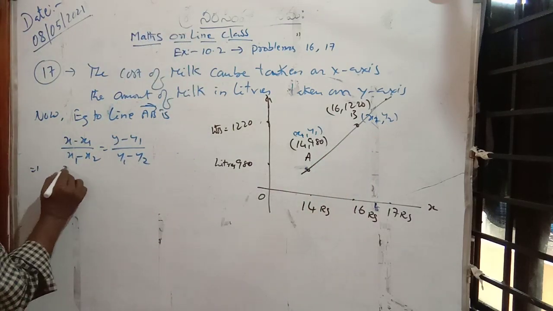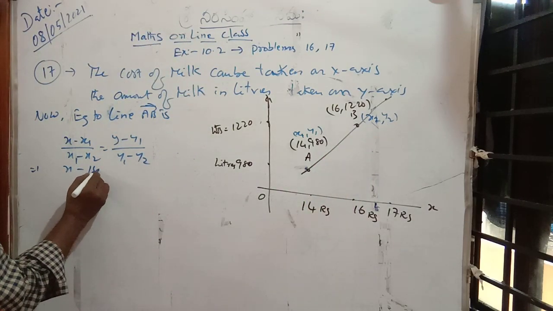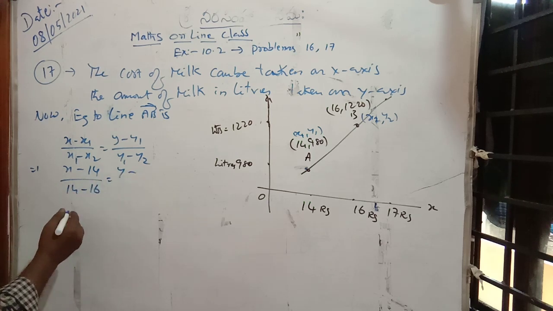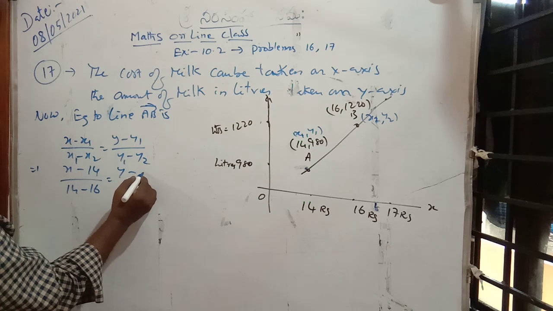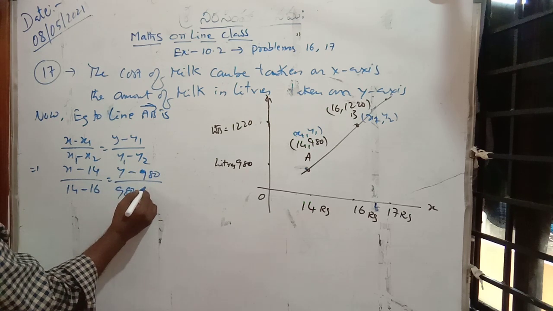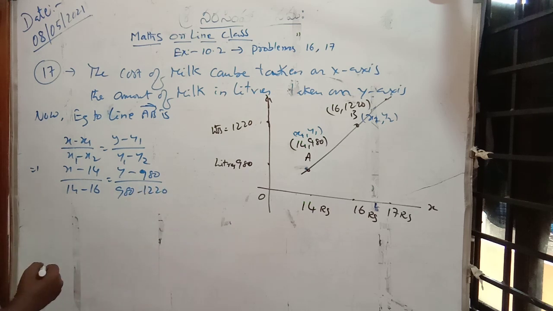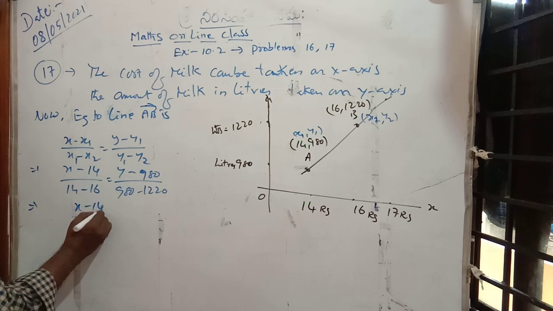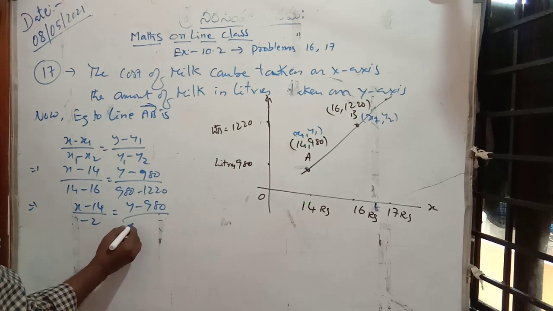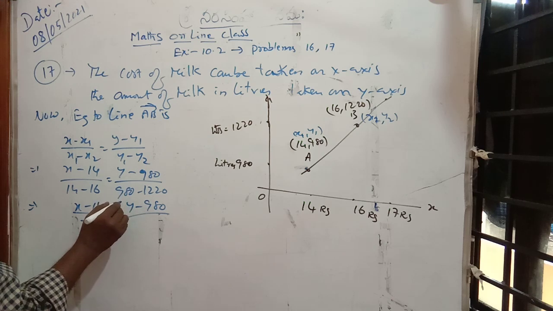So it is x minus 14 by 14 minus 16 is equal to y minus 980 by 980 minus 1220. Okay? It is x minus 14 by minus 2, y minus 980 by how much is 20?